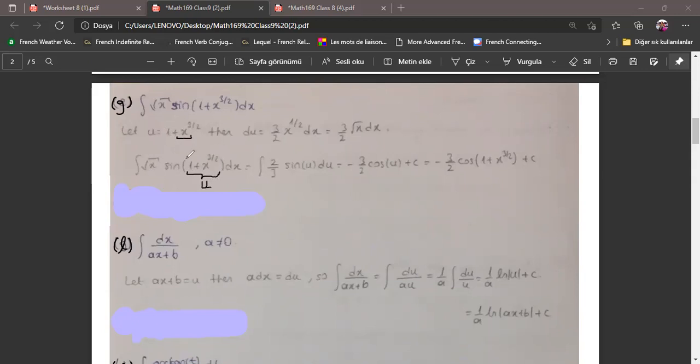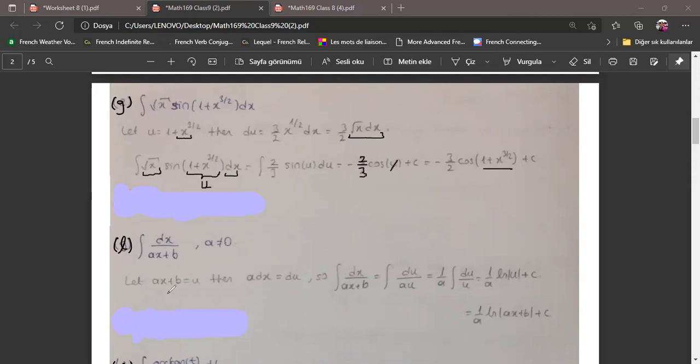So we have sin u, and the square root of x times dx is equal to 2 du over 3, right? So we have this now. And you see the integral of sine is equal to minus cosine u. It should be 2 over 3, okay? So we have minus 2 over 3 cosine u plus c. And instead of u, we need to have some function in terms of x. So we just make this back substitution and get this result.